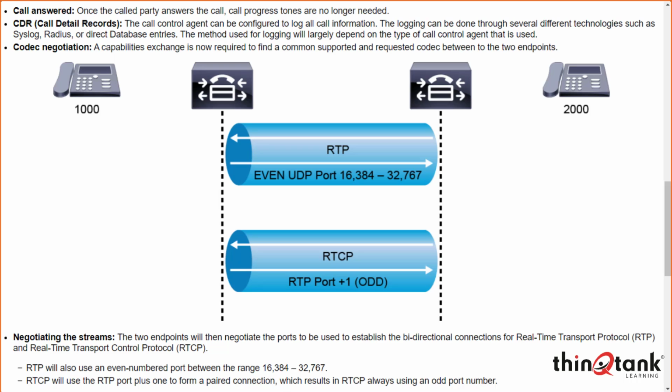But you'll notice that we have 4 separate communication channels that are being created here, which is a really important concept if you think about it. It is entirely possible, although unlikely, that you could have one-way audio if for some reason those UDP ports are being blocked in one direction or being misrouted in one direction, but they're not being blocked or misrouted in the other direction.